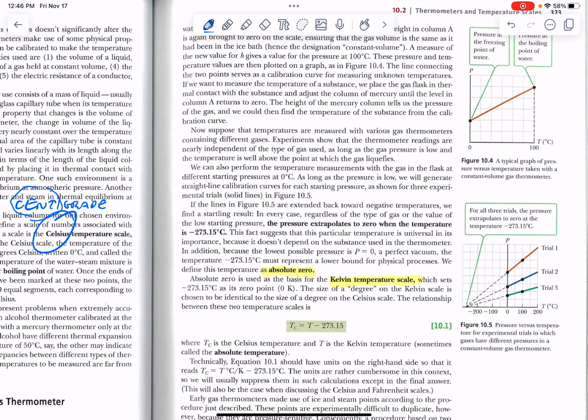And therefore, if you look at this graph down here, and this is a pressure versus temperature graph, you can see if I was able to measure, say, the pressure at 100 degrees boiling of a liquid, let's say water, and then I cool it down to 0 degrees, which is freezing, and I measure the pressure there, I can establish a line, a y equals mx plus b.